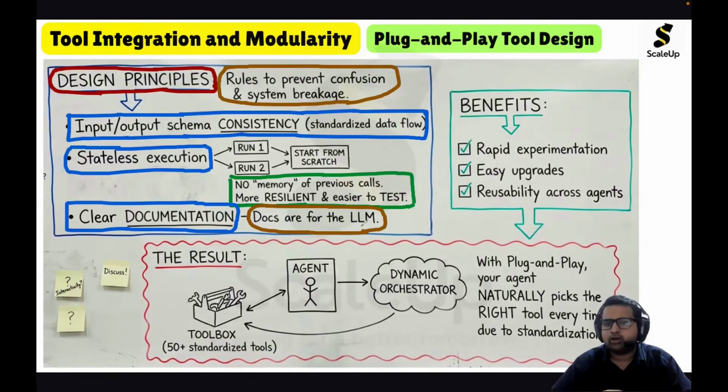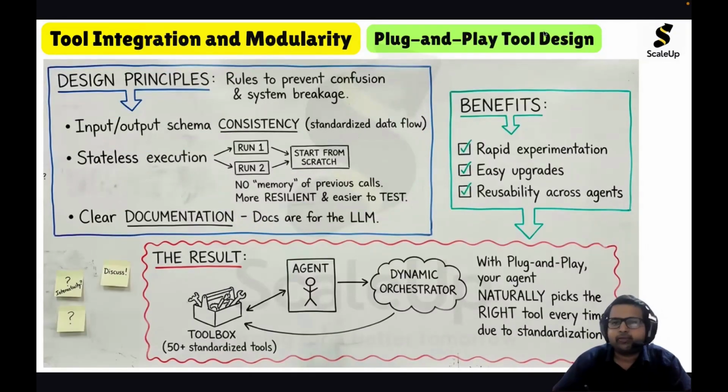Every tool call should start from scratch, which makes the tool more resilient and easier to test in isolation. And every plug and play tool has to have clear documentation, and this documentation is for the LLMs and not humans.